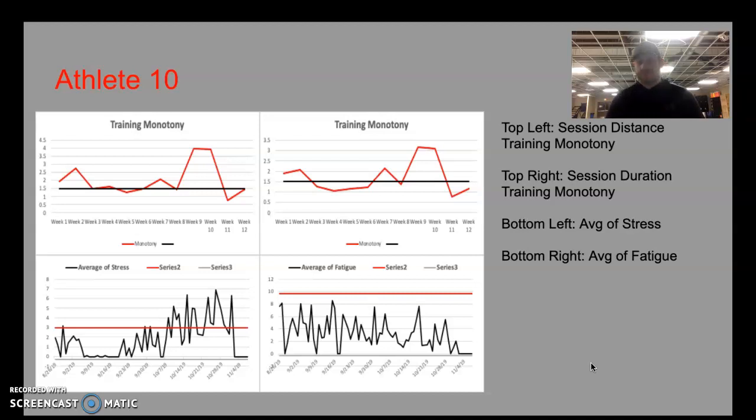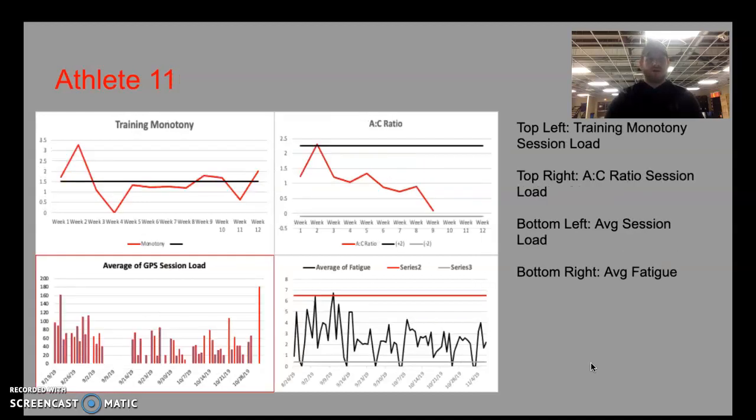So, especially here at the end of the season, if this athlete gets hurt, they might not be very useful come playoff time. They might need to recover. They might need to rest. They might be hurt and need to be in the training room.